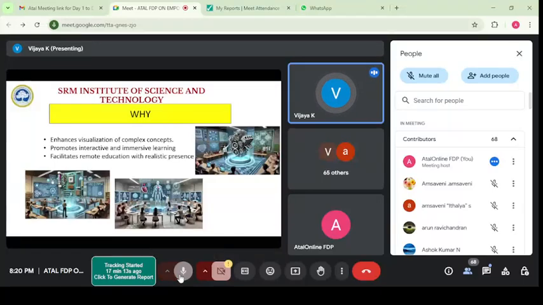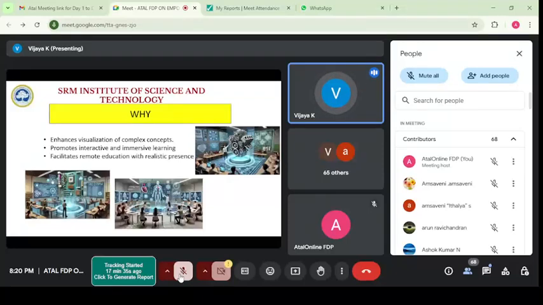The second one is immersive learning and remote learning. Now, the other 2 benefits which I am adding in this slide are engagement and retention.